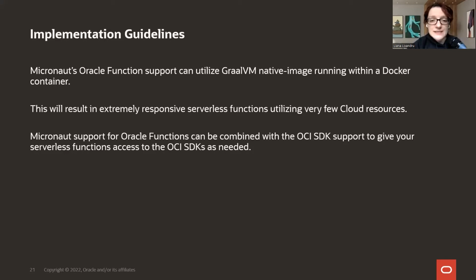So for instance, you may call compute instances, you may trigger a script that shuts down your compute instances or starts them up, or you can check how much data you are using on a certain instance. Everything that is available in the OCI SDK is also available in Micronaut through the OCI SDK and its support for all current functions.